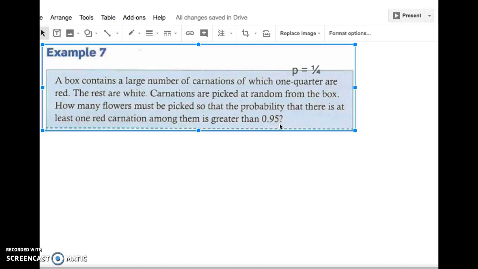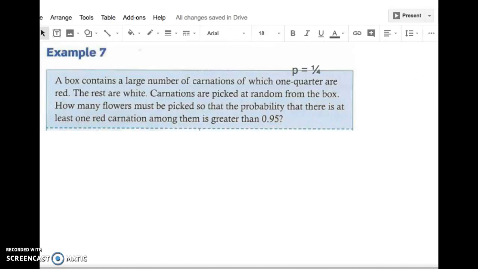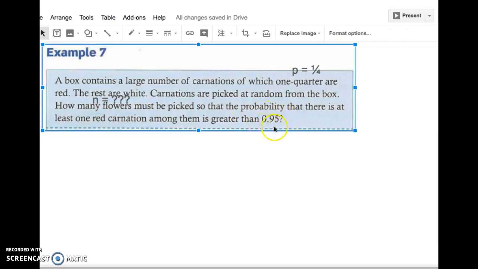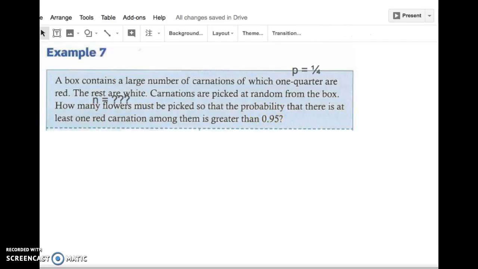Are they asking us to find N? I hope your answer is they're asking us to find the N. How many flowers we must pick so that the probability that there is at least one red is greater than 0.95. This 0.95 has already been given to us. They actually gave us the probability.